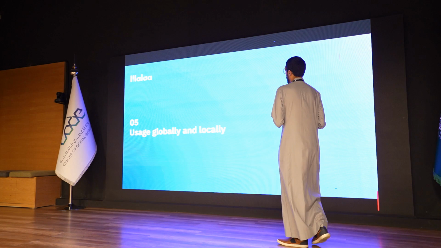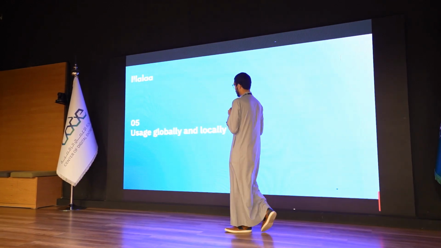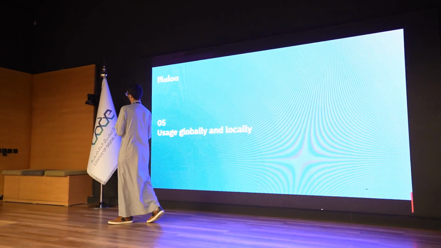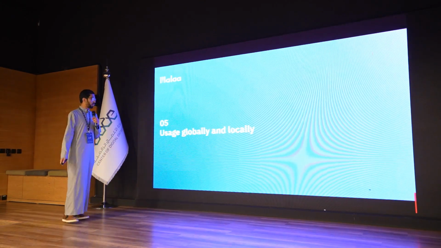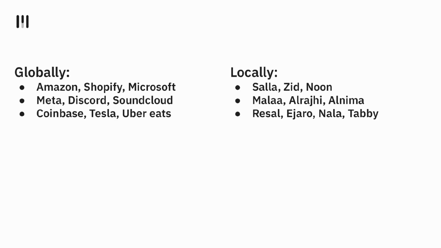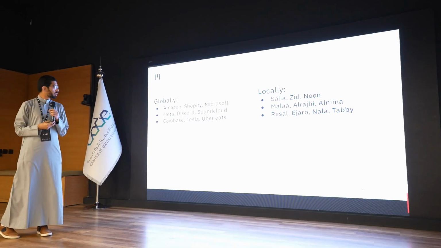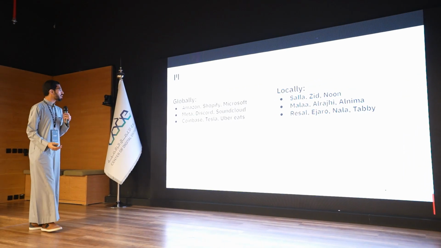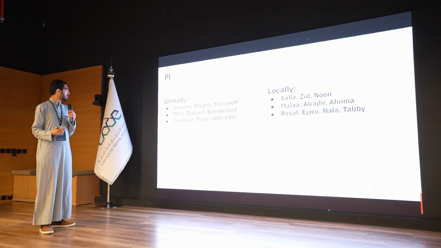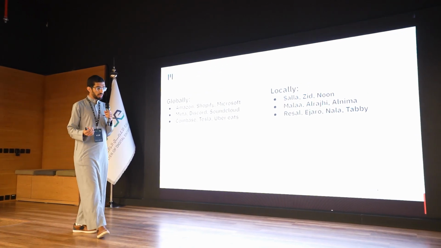Okay, I wanted to display some of the big players who use React Native in their applications globally and locally. For the global market: Amazon, Shopify, Microsoft, Meta, Discord, Coinbase, Tesla, Uber Eats.